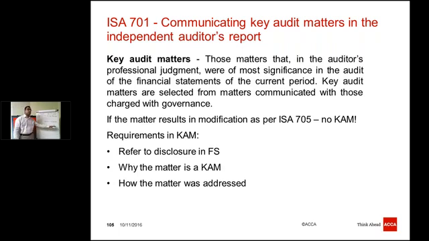Now these could be the audit committee, the executive committee of the board, the board of directors, or some other management committee that has actually been charged with governance of the entity. So these are the two important things to be borne in mind with regard to the definition of key audit matters. Number one, it is the auditor's professional judgment as to what is the key audit matter. And number two, it is selected from within the matters that have been communicated to those charged with governance.